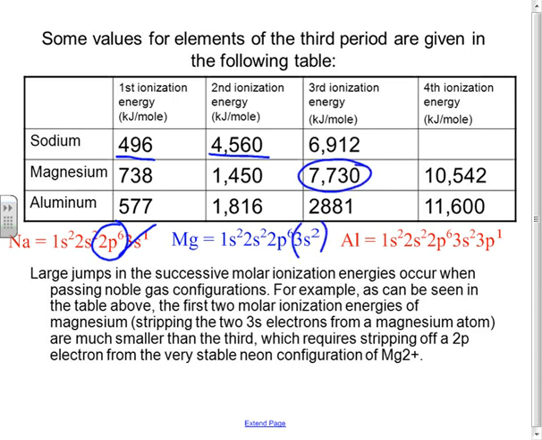Again, because the first two are valence electrons, the third is going to have to come out of the core, second energy level. And for aluminum, we see the huge increase between the third and the fourth because the 3 are outer valence electrons, but the fourth is coming from the core. And that is the pattern that we see in ionization energy.